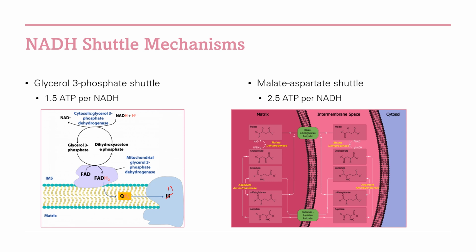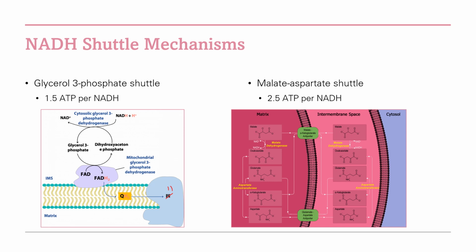Once malate crosses the membrane, malate dehydrogenase will reverse the reaction that just occurred, reforming NADH. Now that NADH is inside the matrix, it will contribute to the electron transport chain by transferring its electrons to complex 1 and will go on to produce 2.5 ATP per NADH.